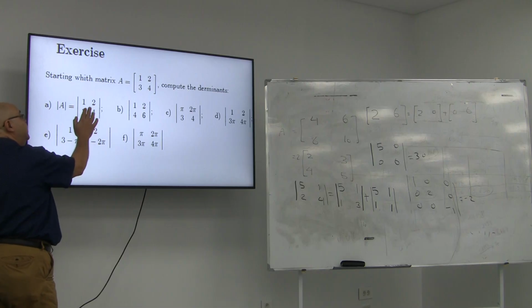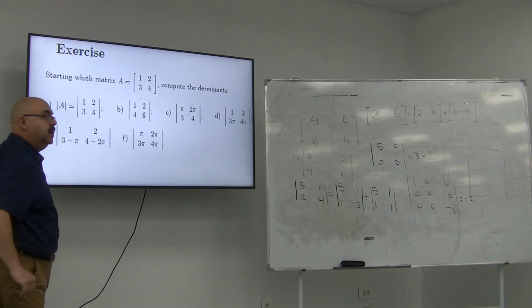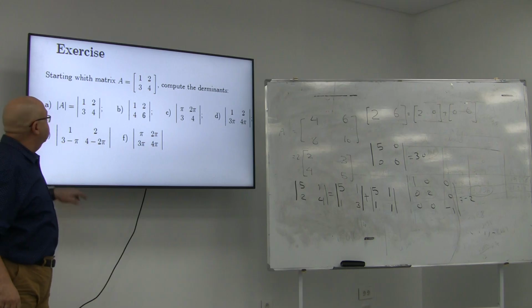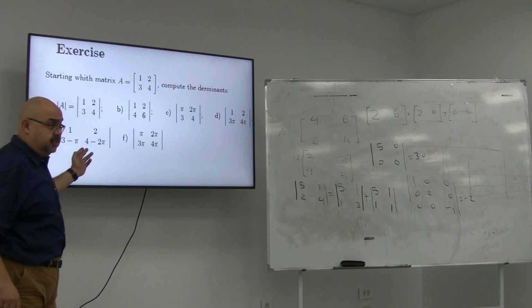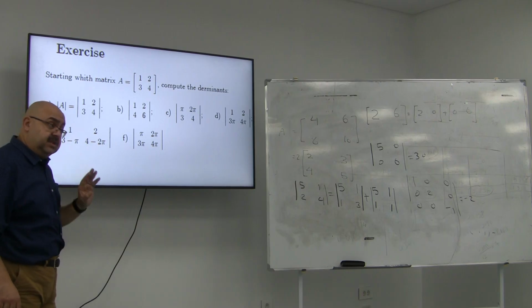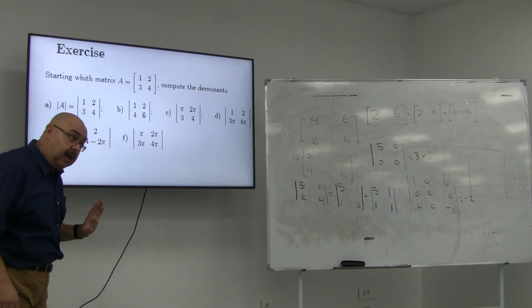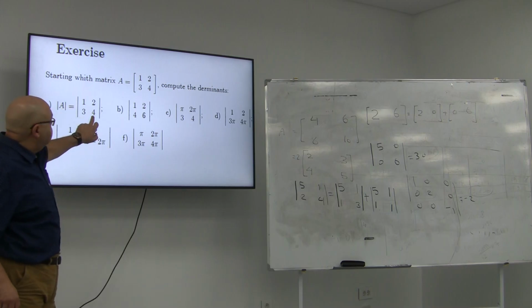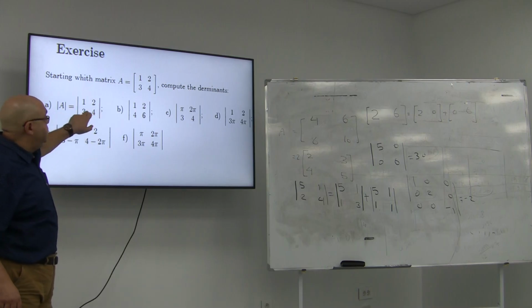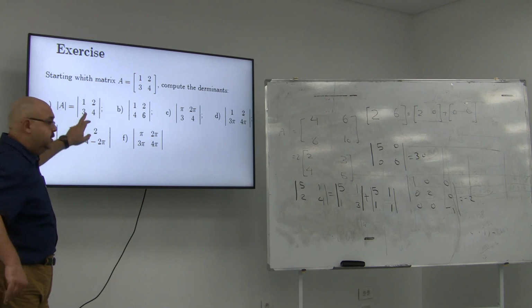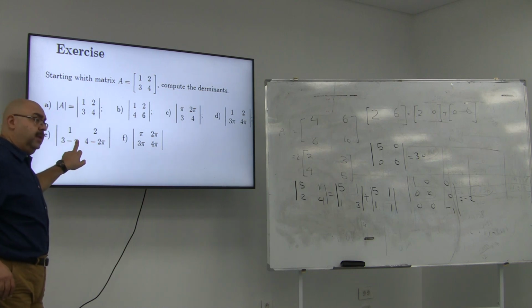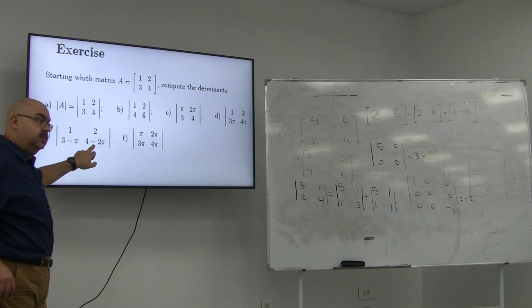Once more, look at this one. What's the difference between number A and number E? I've multiplied the first row by negative pi. Then I've added it on the last row. Supposed to be the same results. So 1 times 4, 4. Minus 6, so it's negative 2. Keep it. Okay, let's go for the bigger one. 1 times 4 minus 2 pi, it's going to be 4 minus 2 over pi.